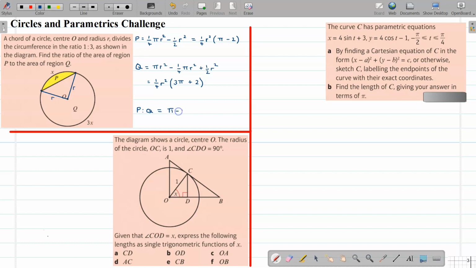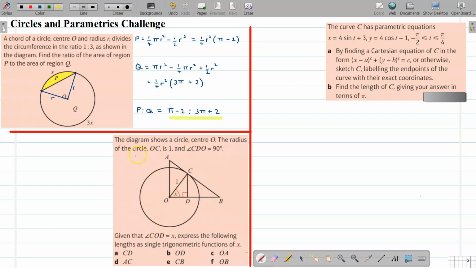Okay, and to the right of that I have 3 pi plus 2. Okay, and that's using exact answers. Okay, so that's how I would answer the first of those problems.